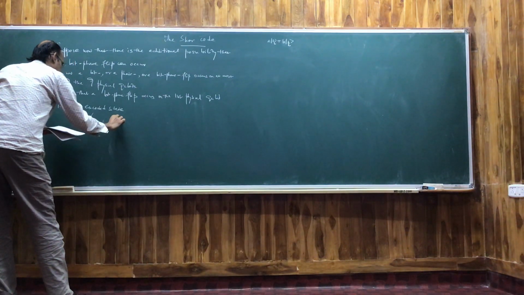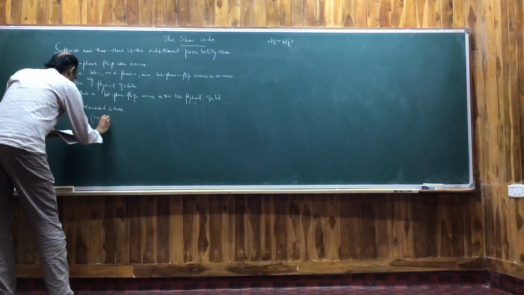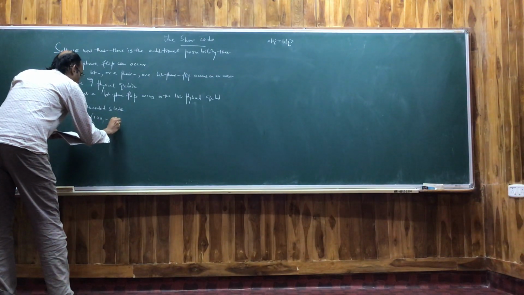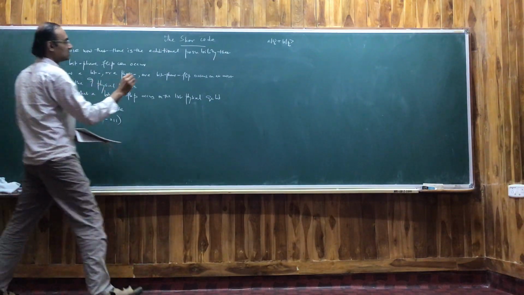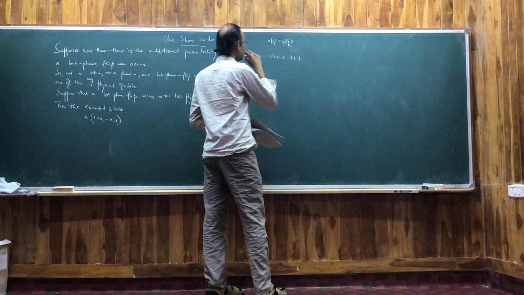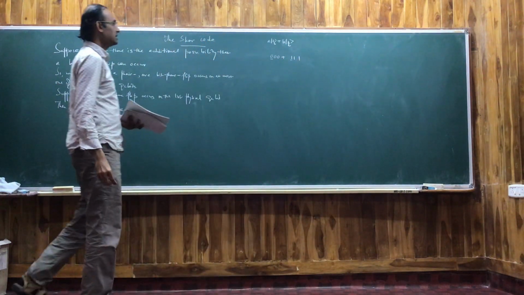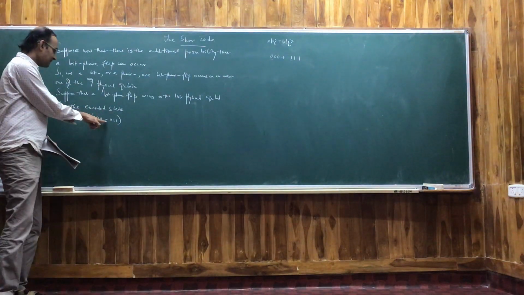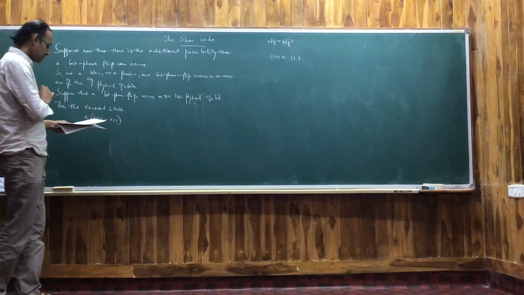Here there was a GHZ, but instead of that, now we have 1, 0, 0 minus 0, 1, 1 in the first one. Yeah, this was 0, 0, 0 plus 1, 1, 1, but a bit phase flip has occurred here. So it changes the bit and the phase. So it has become this. Yes?